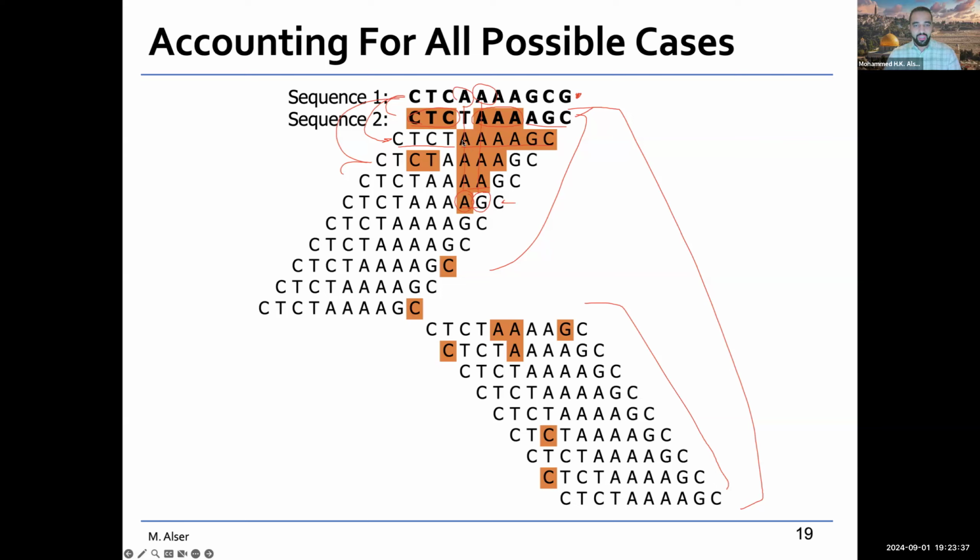That's why I highlight in orange the ones that exactly match whatever we have in sequence 1. Exactly the same thing here. We have a G. If we go vertically to the first sequence, we will see there is also a G here. So that's why we highlight in orange.